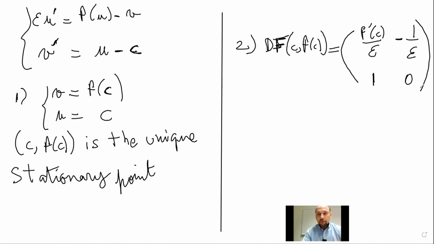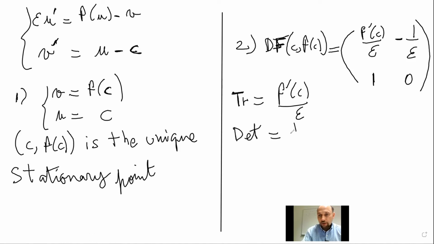So I'm looking for the eigenvalues of this matrix. So the trace of the matrix is f prime of C divided by epsilon, and the determinant is 1 divided by epsilon.